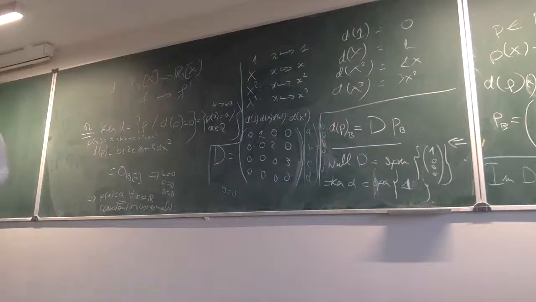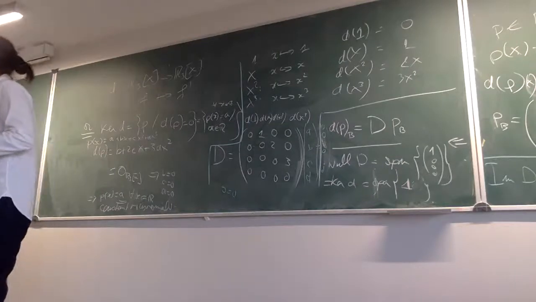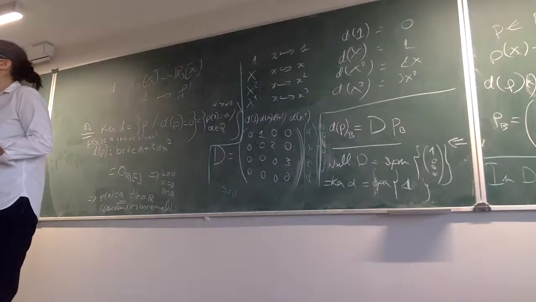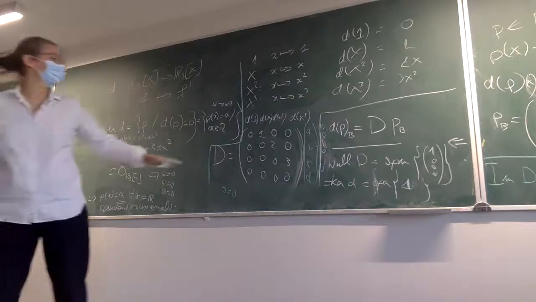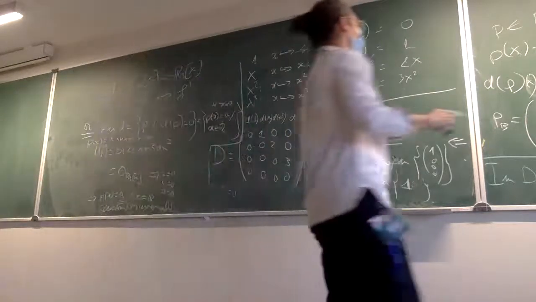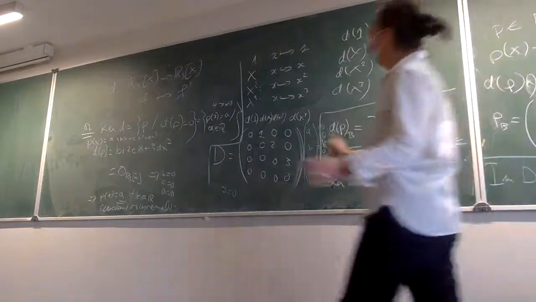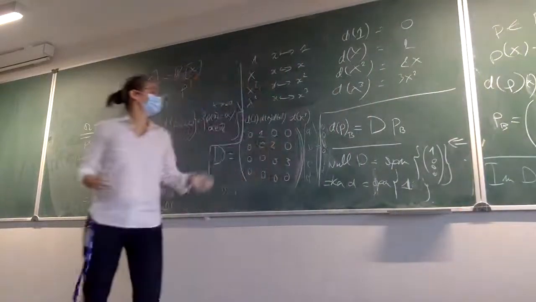Okay. Other questions? The image of D is going to be equal to the span of 1, x, x2. It's the linear combination of these three vectors.